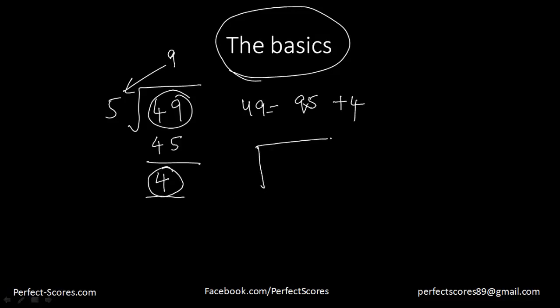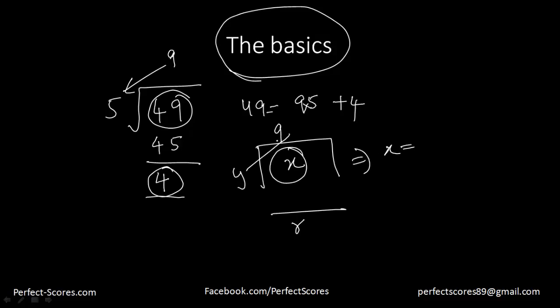So let's suppose I talk in terms of variables: I divide x by y, and I get remainder r and the quotient is q. Then I can say that this number is equal to y into q plus r, right? So this is the way you denote a division.